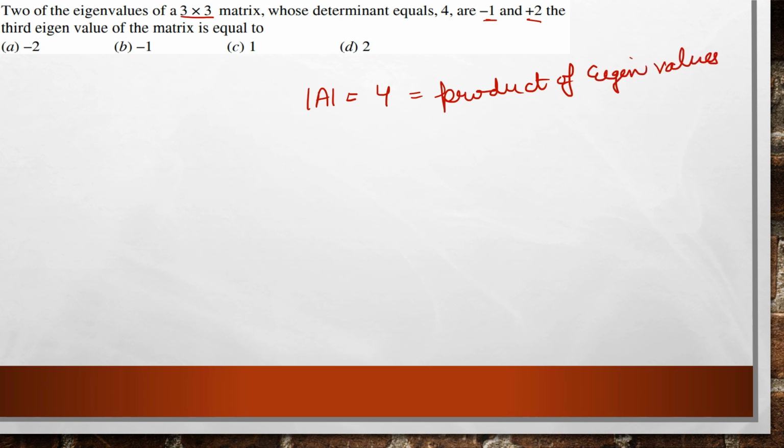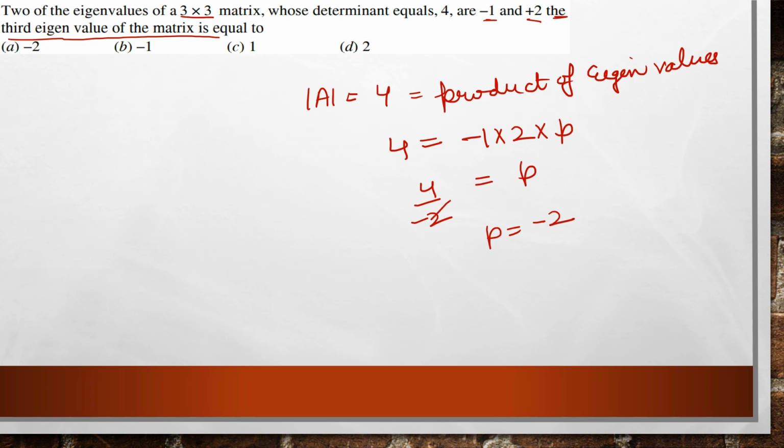Now let's say the third eigenvalue which they are asking for is p. So -1 into 2 into p should be equal to 4. So p will be 4 over -2. So the third eigenvalue is -2 after cancelling. So A is the correct option. Fine. So by using the property, we have done this question.